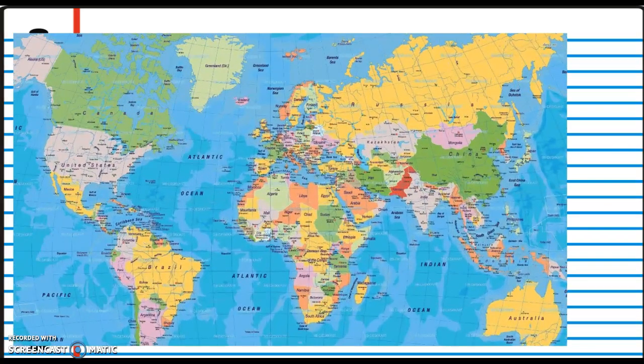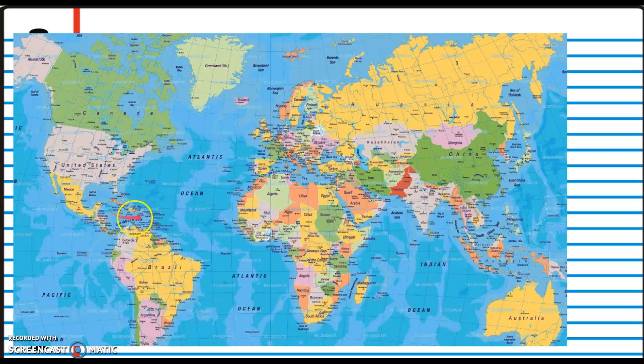We are going to be doing our research about a country. Look at that. That's the whole world. Those are all the countries you can do research on. Now, I know a lot of you have parents who may not be from America, like me. My parents are not from America. They are from a little island in the Caribbean. Let me see if I can find it right here somewhere, called Jamaica.